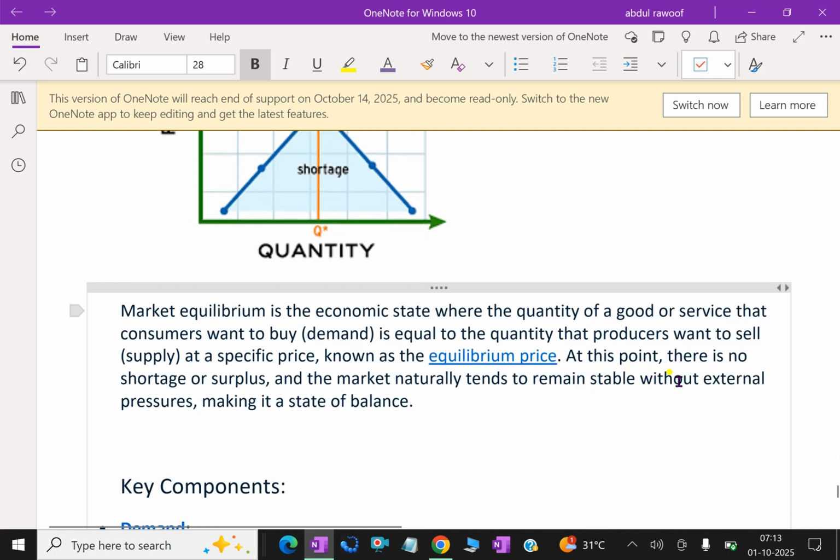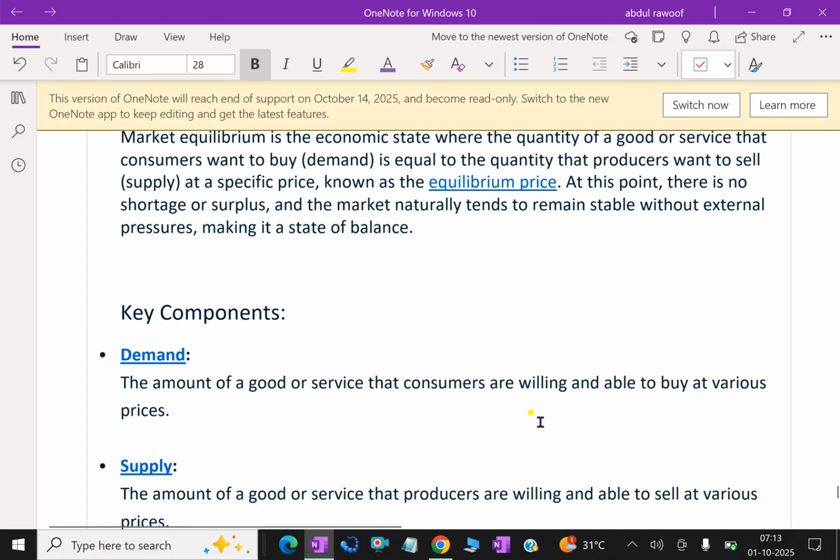At this point, there is no shortage or surplus, and the market naturally tends to remain stable without external pressures, making it a state of balance.